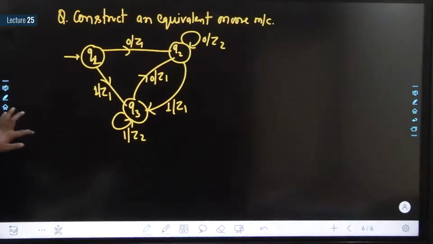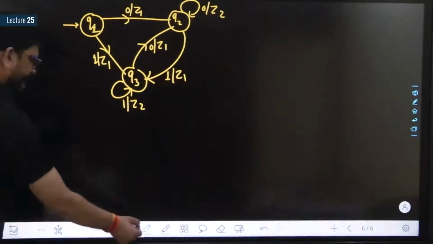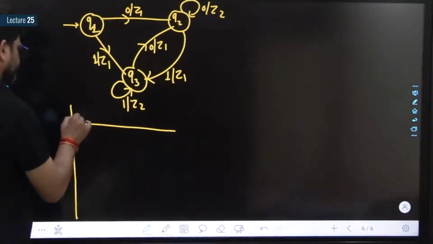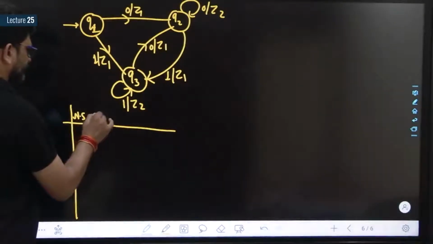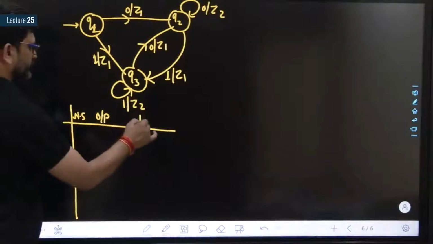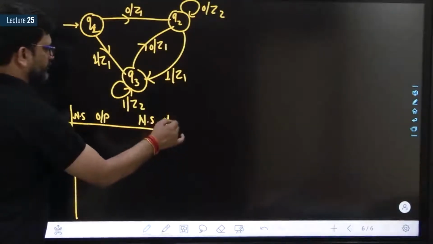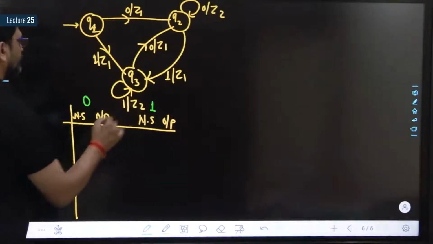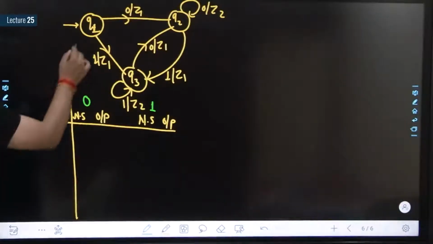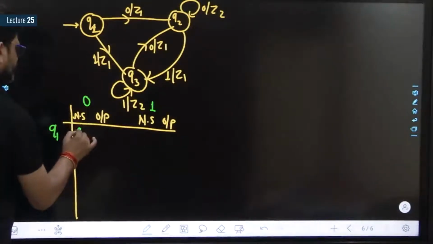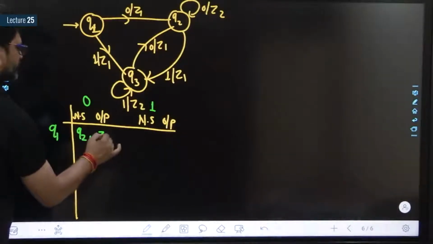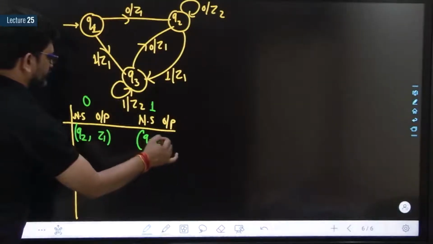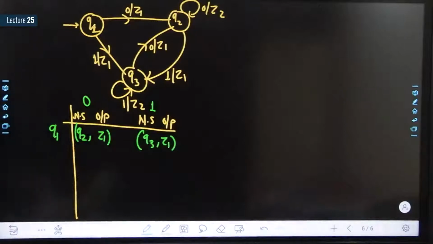Okay. What is the transition table for this? Next state, output, for input 0 and 1. State Q1: what is the next state of Q1 on 0? Q2, with output Z1. On 1, Q3, Z1.